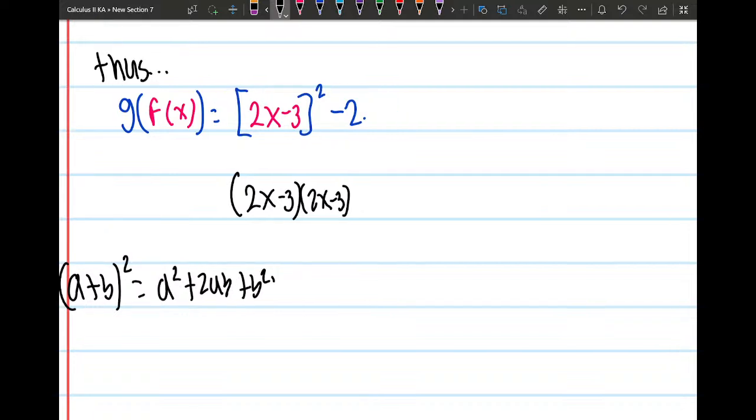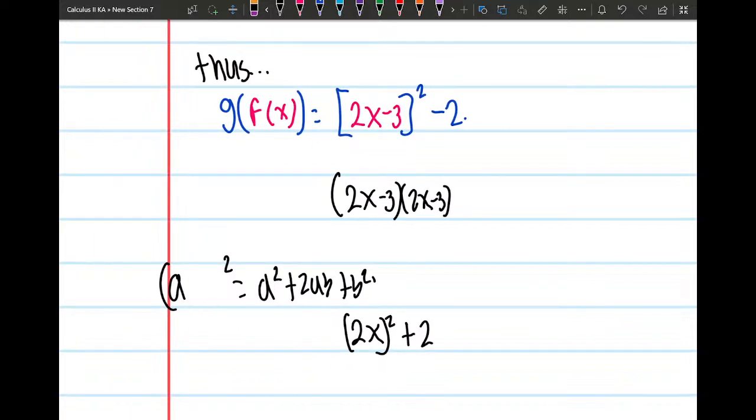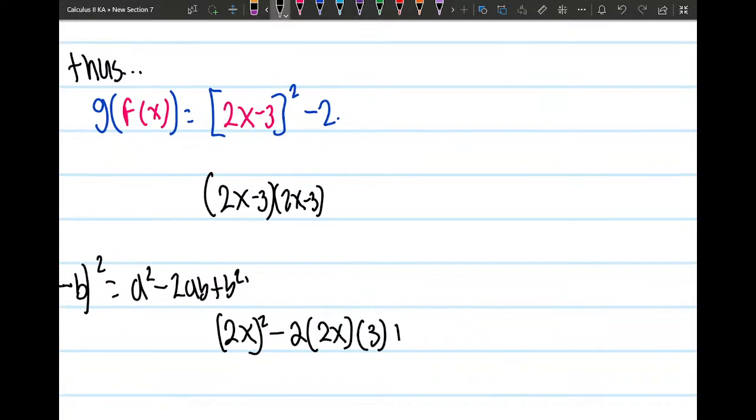For a minus b quantity squared, it's a squared minus 2ab plus b squared. I'm sorry, guys. So it's going to be 2x quantity squared minus 2 times 2x times 3 plus 3 squared.